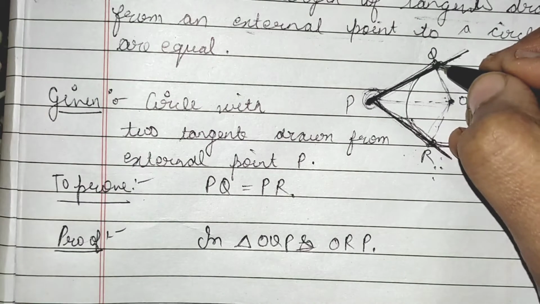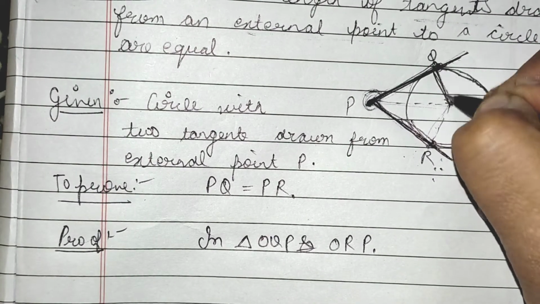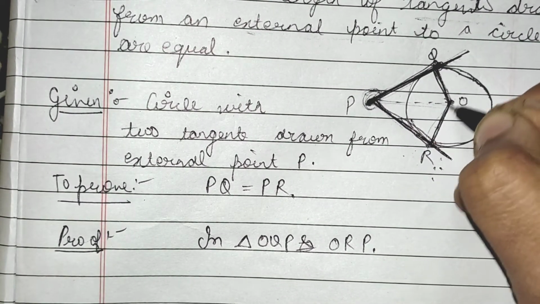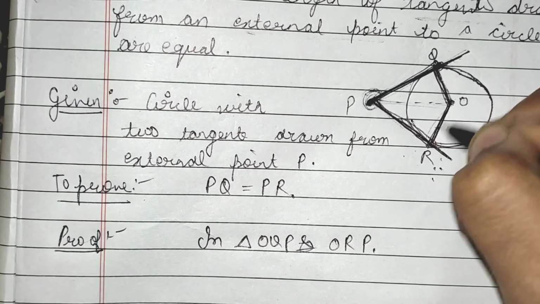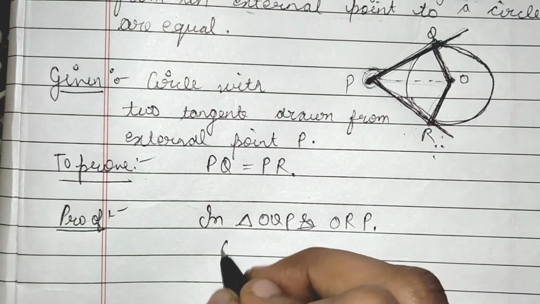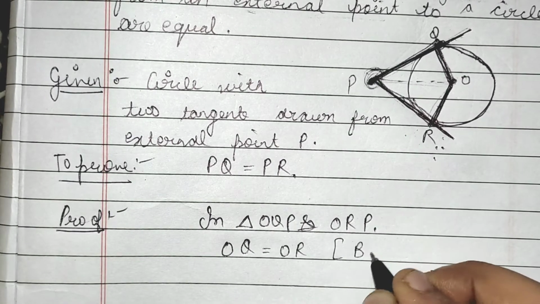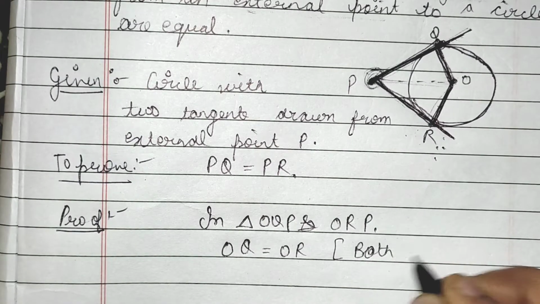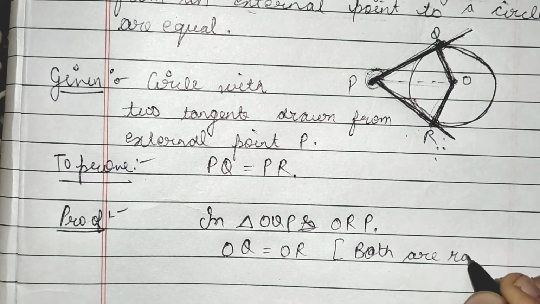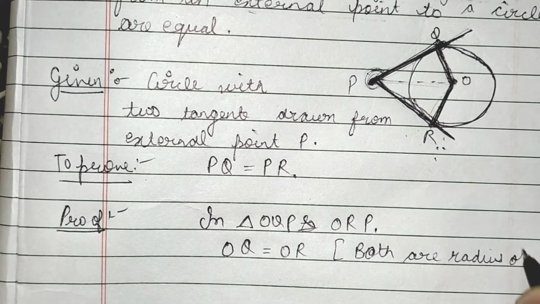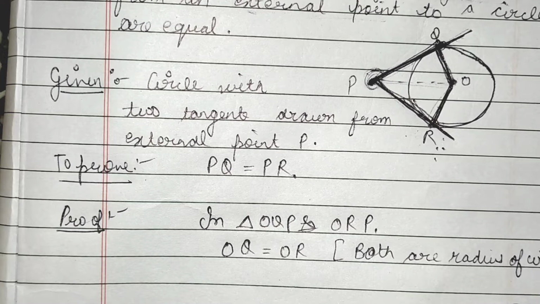In these two triangles you can see that OQ and OR are my radii. So OQ is equal to OR. Why? Because both are radii of the circle. Okay, so both are equal.